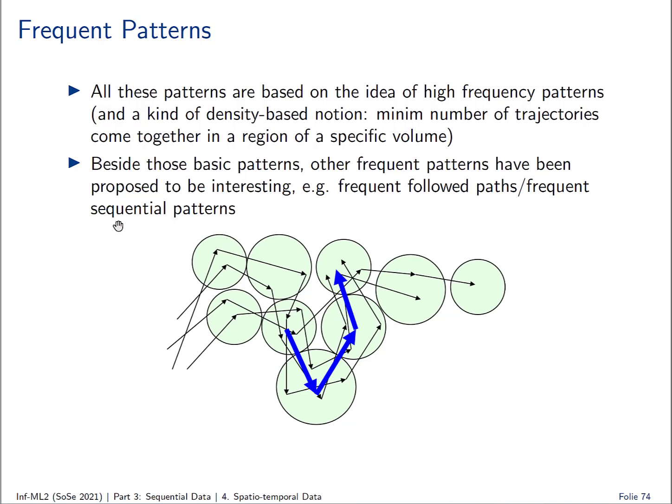You have a sequence of coordinates of spatial locations. Are there any patterns that happen frequently in a sequential manner? That is the basic idea. What is interesting in those things? Of course, you can come up with many different things in that case.